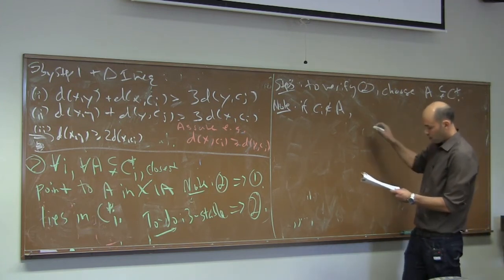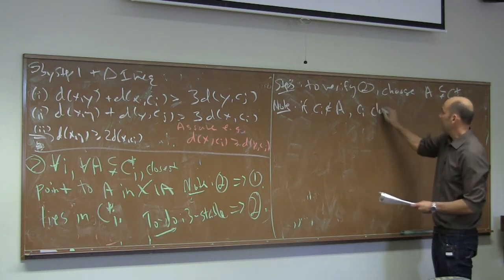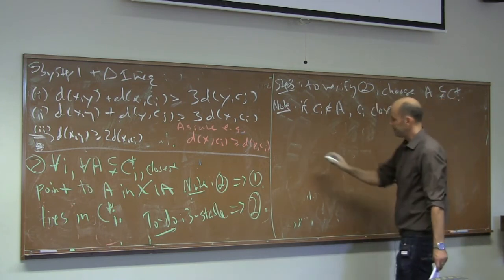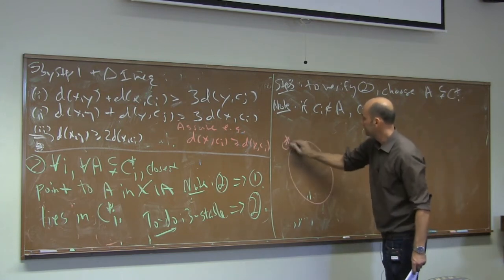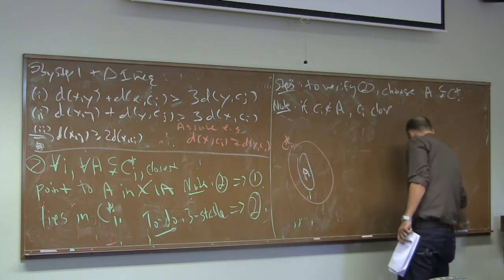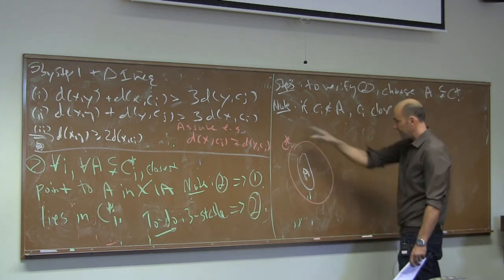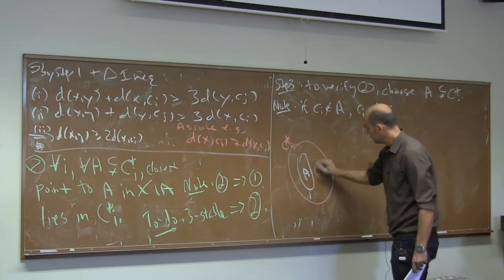Why? All right, so I should give you a picture here. What we're talking about right now is we have C star I, and we have our subset A. And at the moment, we're thinking about the case where the center is outside of A.